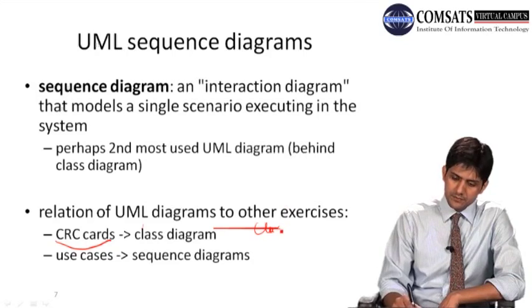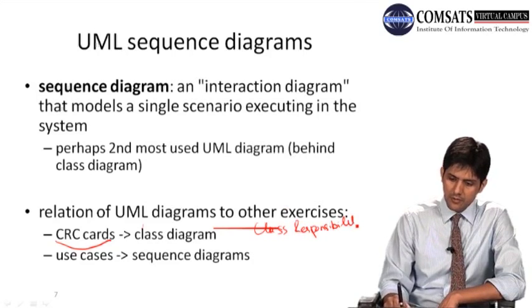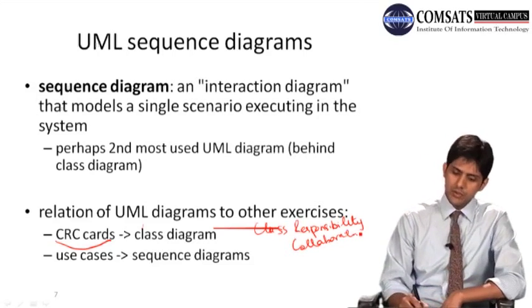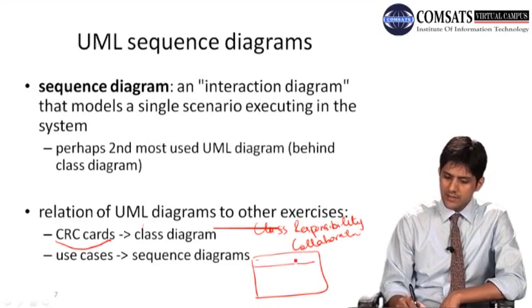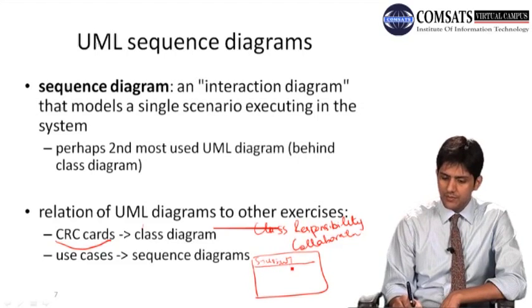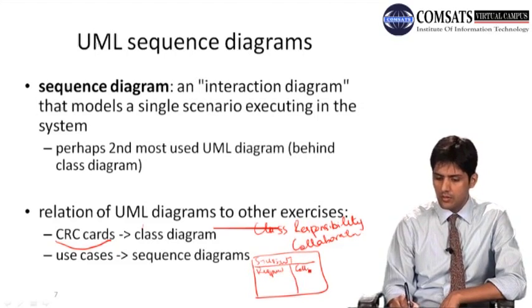So by CRC we mean class, responsibility, collaborator. Okay, so what do we do? Once we know that we have multiple classes in our system, we write the name of the class here. Let's say we have a class student, and we divide it into two columns. This column we call responsibility, and this column we call collaborators.